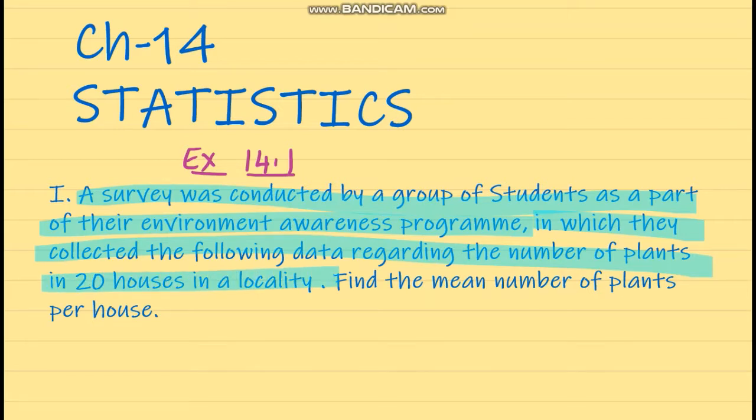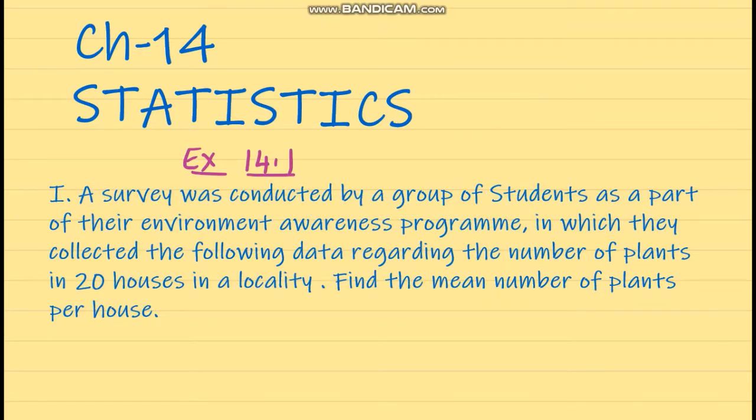Now, they have collected the data from 20 houses and they have taken out how many plants each of them has planted. Find the mean number of plants per house.